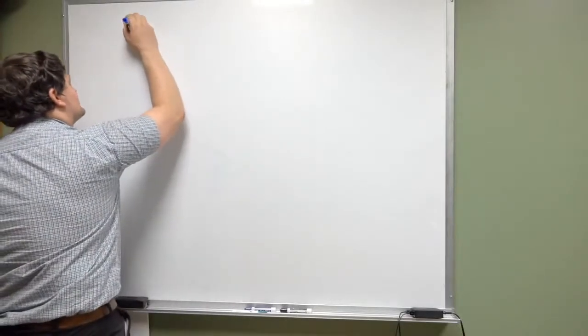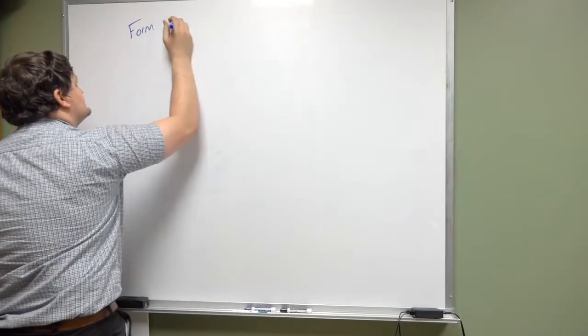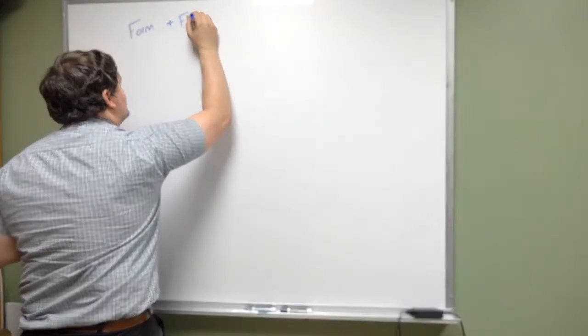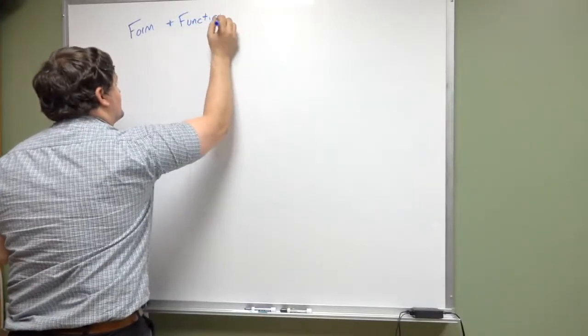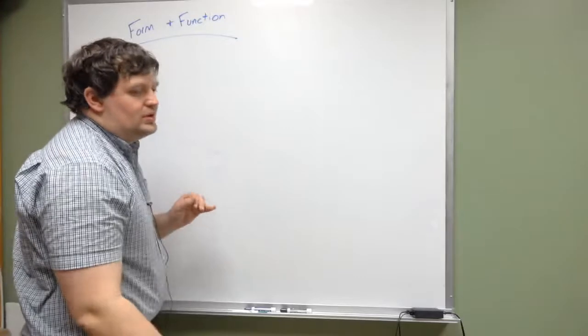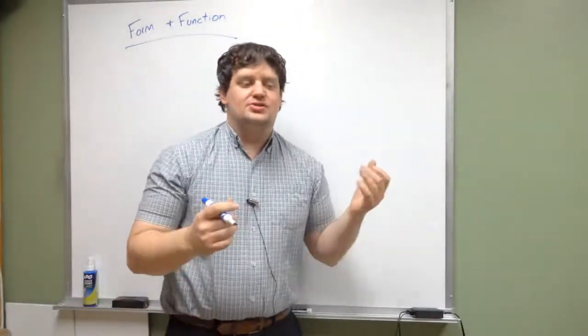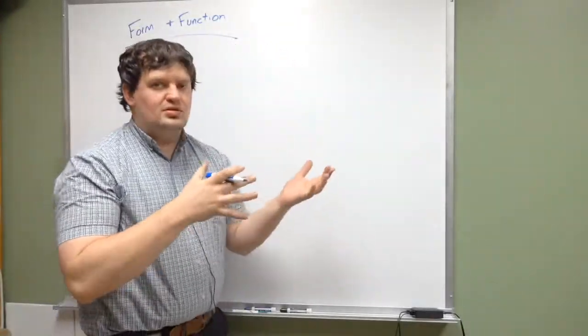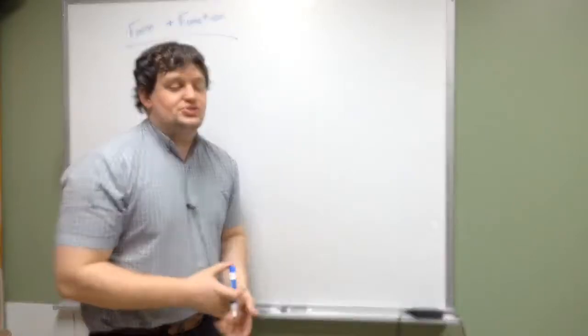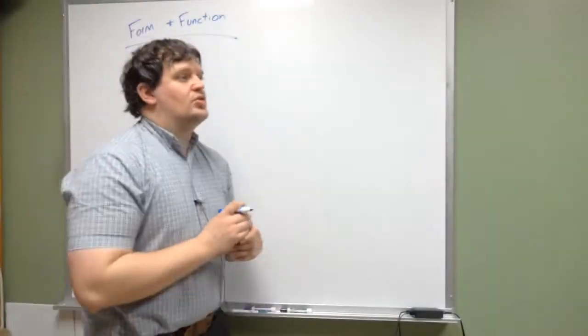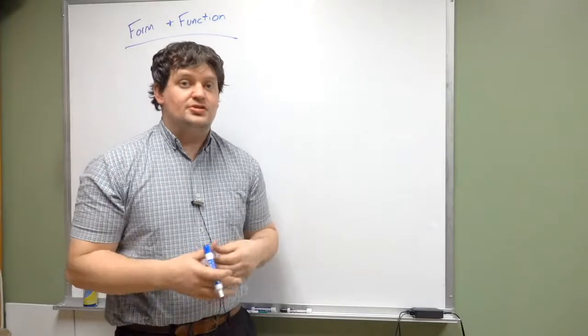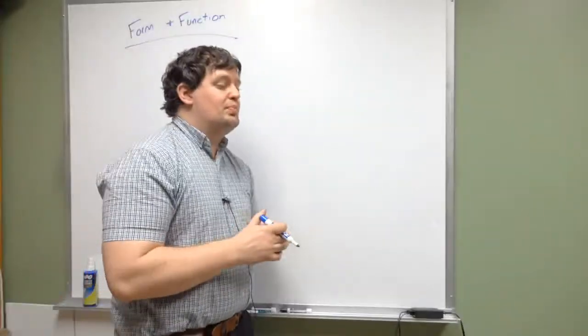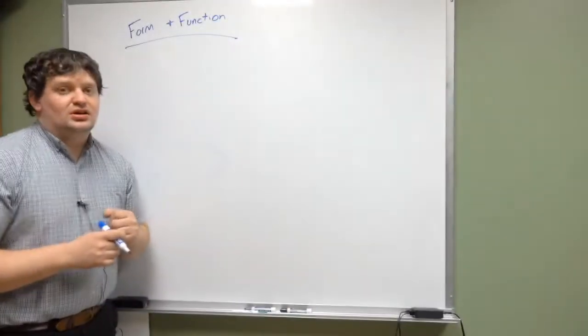All right. So what we are going to talk about today is the idea of form and function. Now, last week I introduced the idea of a functional requirement, constraint, measures of quality. Those are all really important terms to understand, but so is form and function.